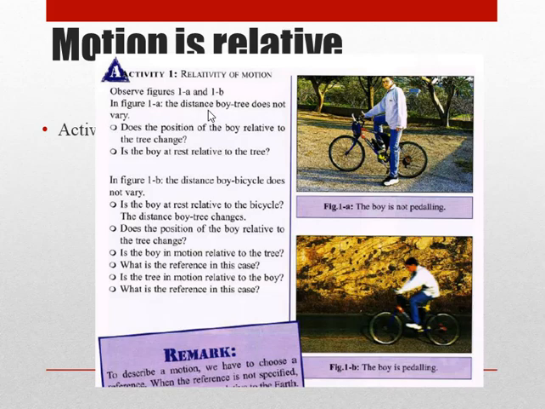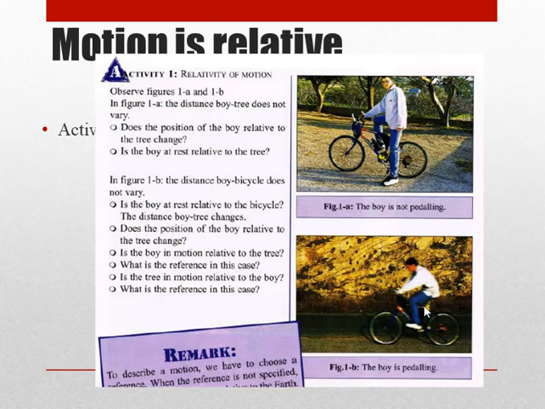In figure 1a, the distance boy-tree does not vary. This is the boy and this is the tree, for example. Part 1. Does the position of the boy relative to the tree change? The answer is no. Is the boy at rest relative to the tree? The answer is yes.